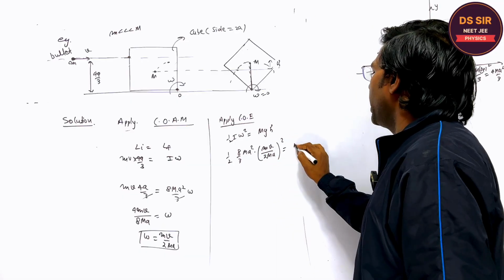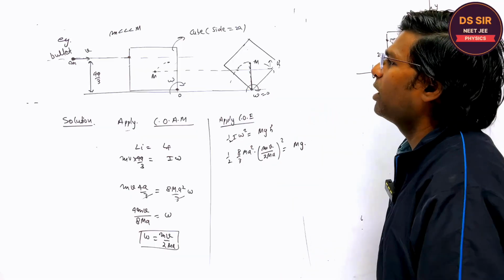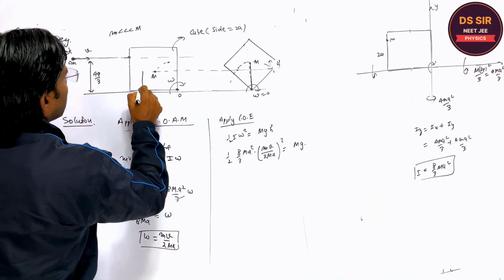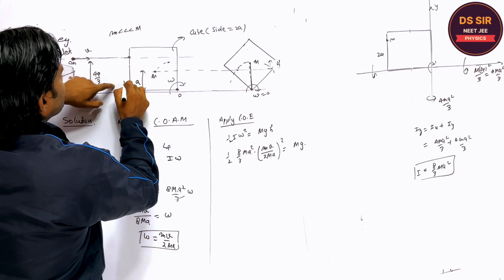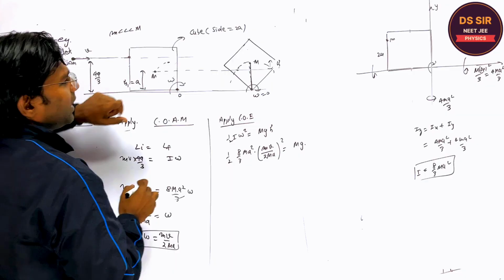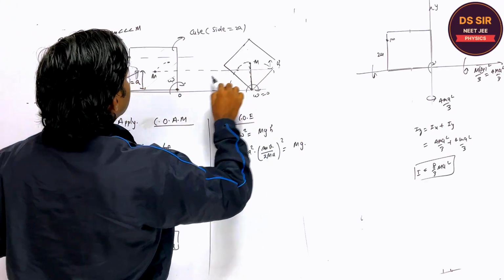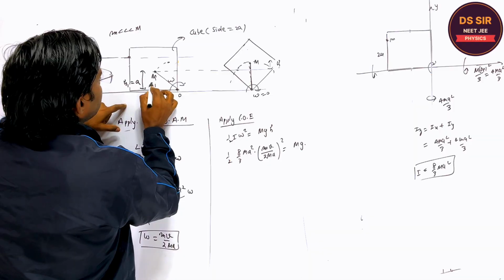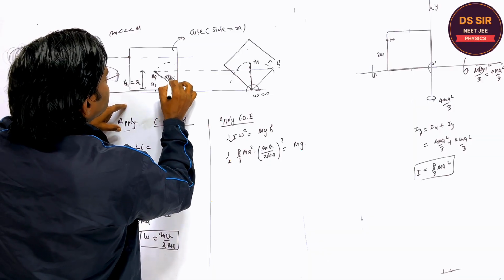What is the mgh? You have to find this h. Listen, the initial height is equal to what? Say h1 is equal to a, and then what is this height? What is this distance? You tell. If it is a, it is a. What is this distance? It is a root 2.